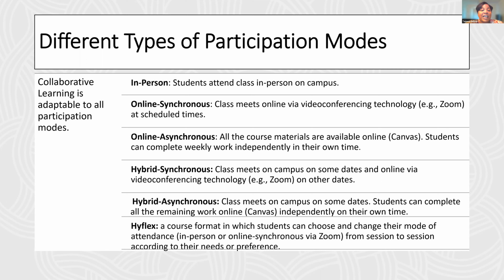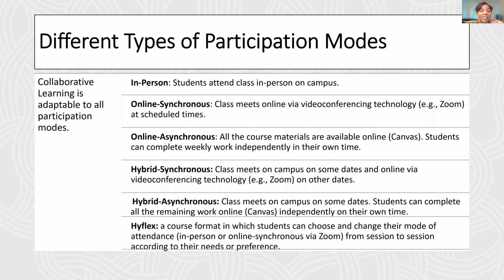Online synchronous, class meets online via video conferencing technology, which is Zoom, at scheduled times. Online asynchronous, all the course materials are available online in Canvas. And this means that students can complete weekly work independently in their own time.